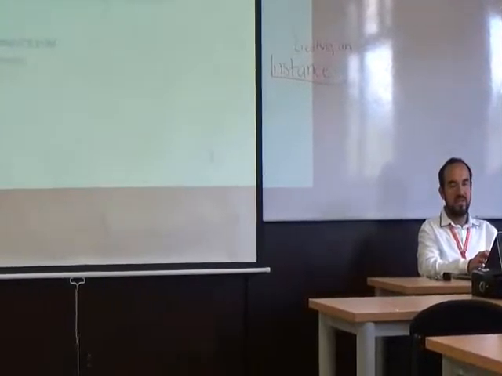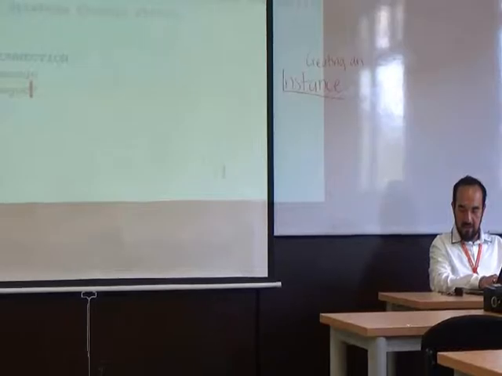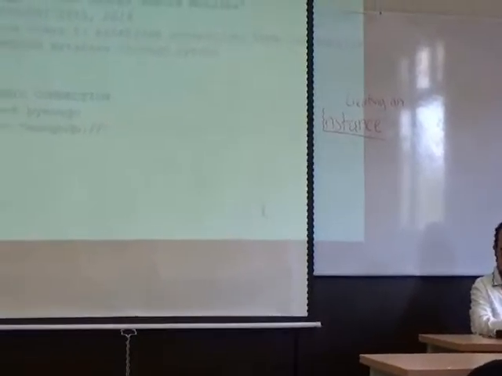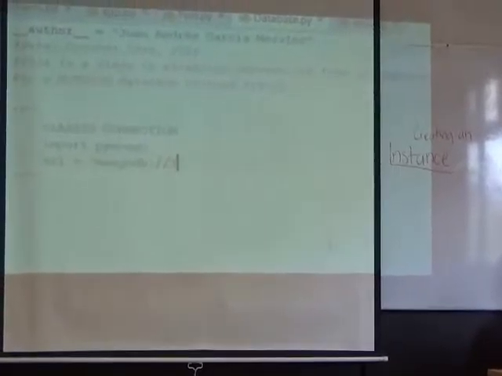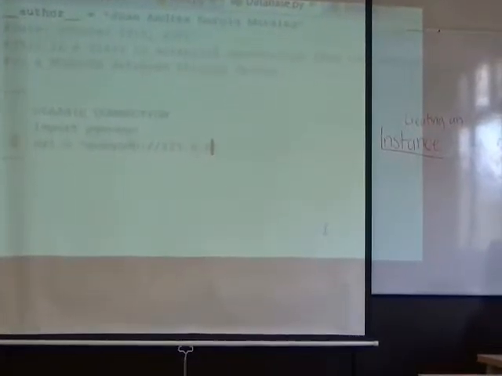Then I need the URI or the URL as you wish. And the URL or the URI is the address to establish the connection. And we put MongoDB, then //127.0.0.1.